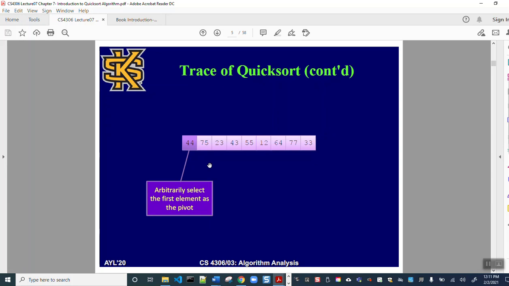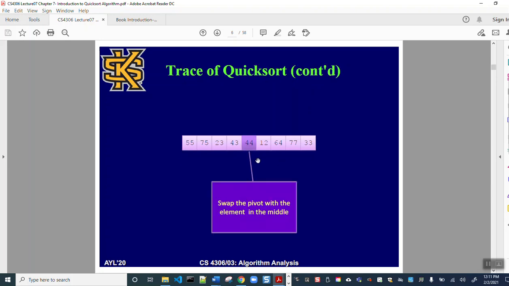This demonstration finds the middle element, which is 55. Then we swap the first element, the initial pivot element, with the middle element. So that means we are considering the pivot element at the middle.